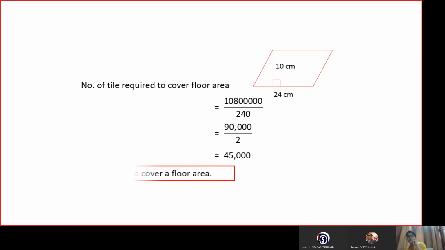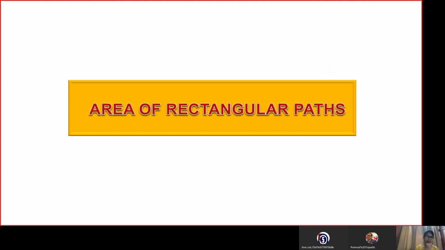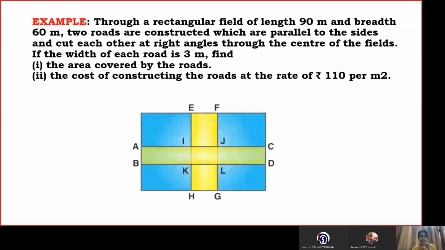Now, moving on, area of rectangular paths. Area of rectangular paths. Now, you must have seen a crossroad around your house, right? So, all these questions, suppose if you can see this question on the screen, can you see the yellow shaded region? Okay, so if you see a little square, IKLJ, in real life, do we call it a chauraha? 4 roads crossing each other?